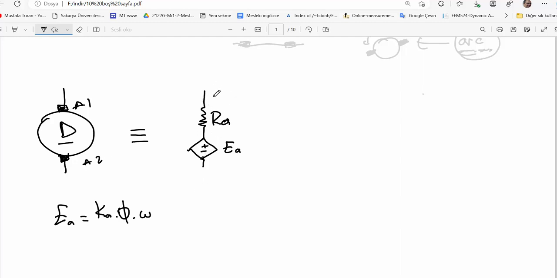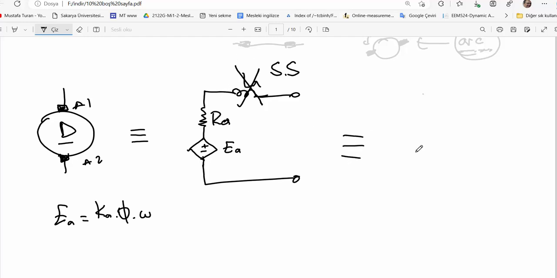And again, here is an inductance of the armature, but in steady state we neglect the inductance because it has no effect. We only use the EMF and the armature winding resistance.